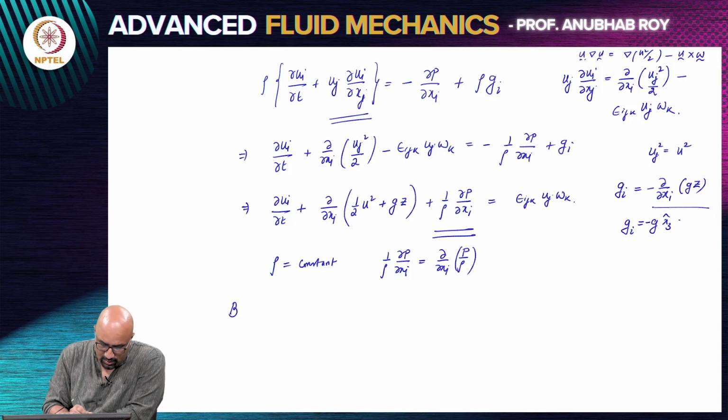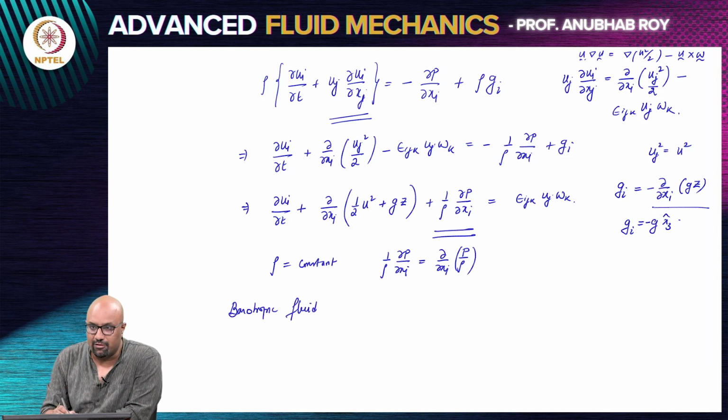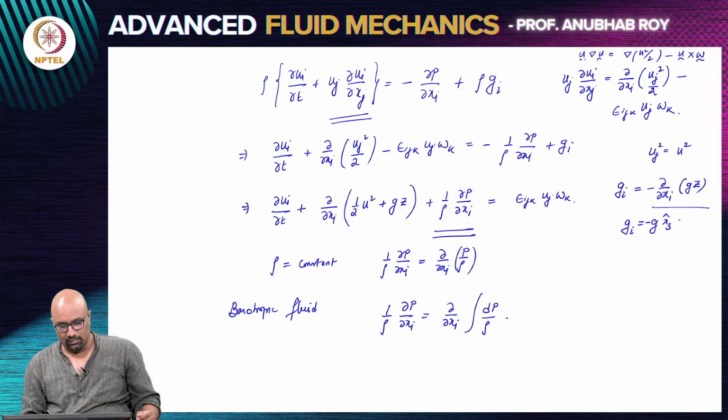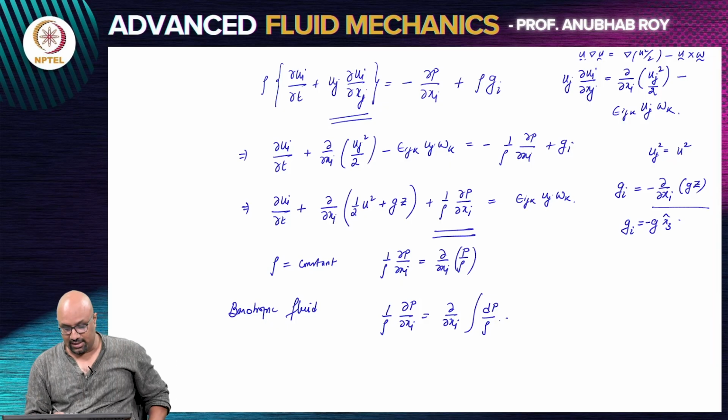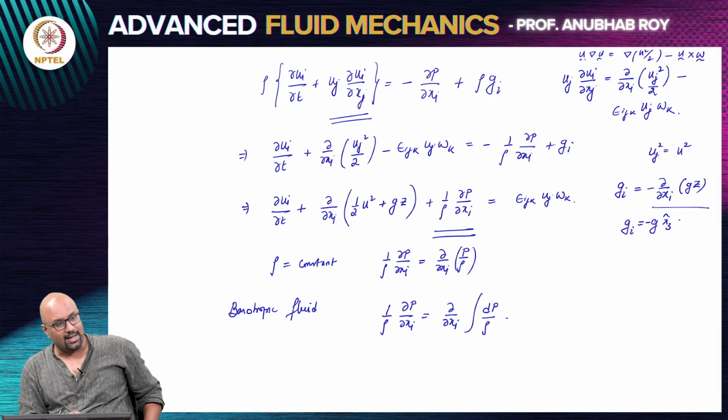But we also encountered this new terminology of a barotropic fluid, where pressure is a function of the density, in which case I can write 1 by rho ∂p/∂x_i as ∂/∂x_i of the integral dP by rho.